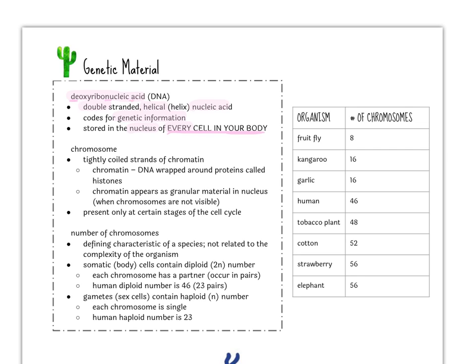So there are 6 feet of genetic information in every single cell in your body. Just think about that for a second. 6 feet of DNA in every single cell in your body.